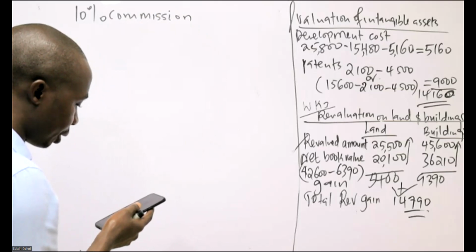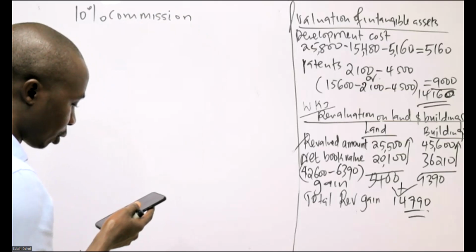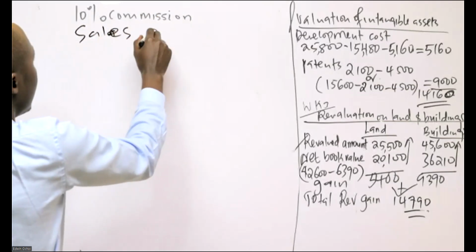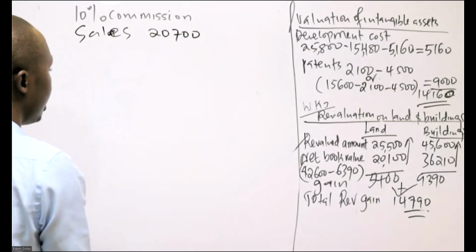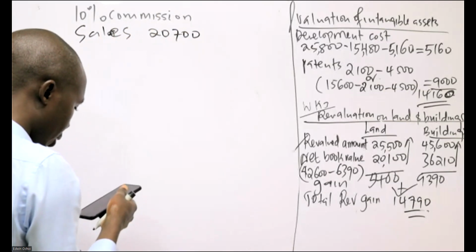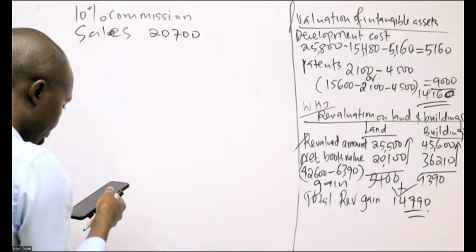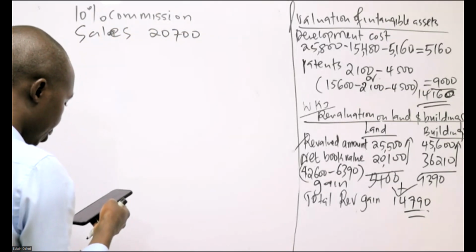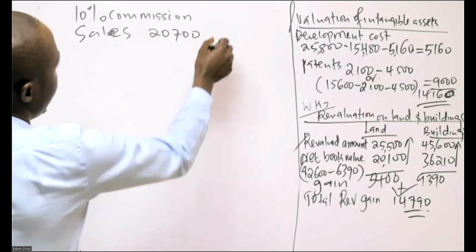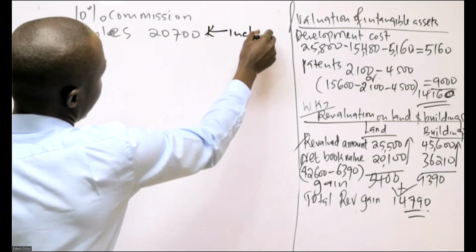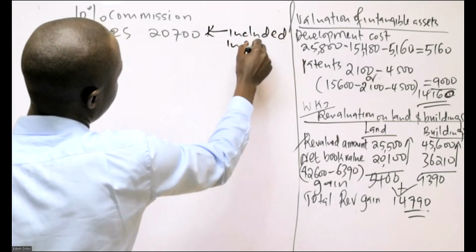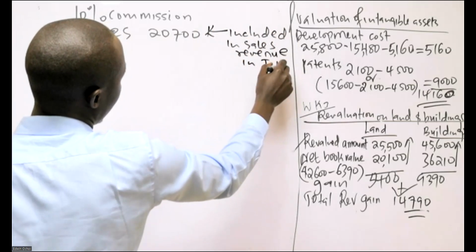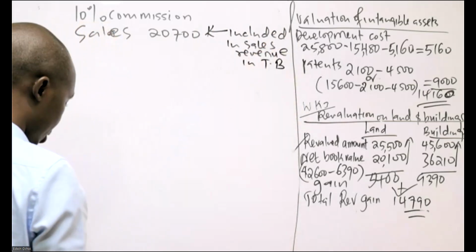During the financial year ended 30 September 2017, Savannah sold goods worth 2,700 on behalf of that company. This amount was already included in sales revenue in the trial balance.